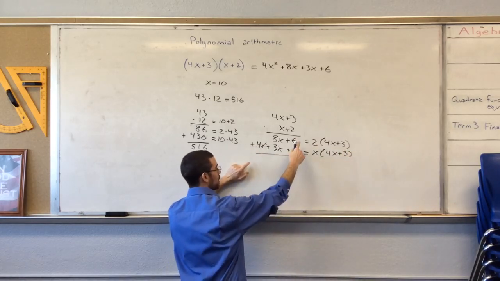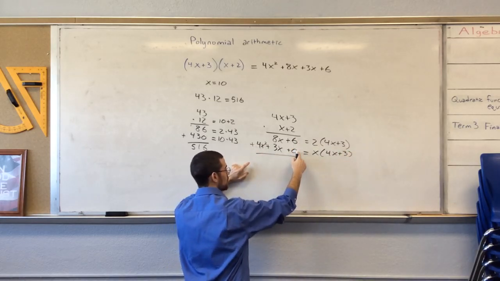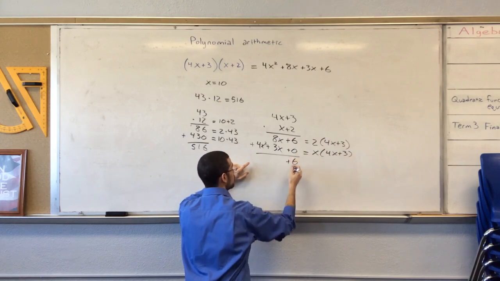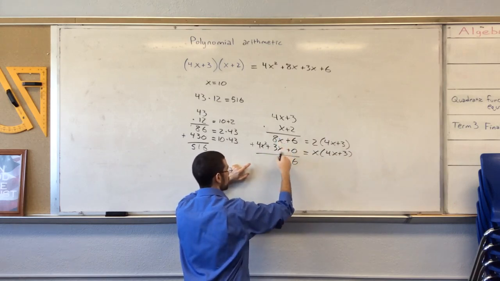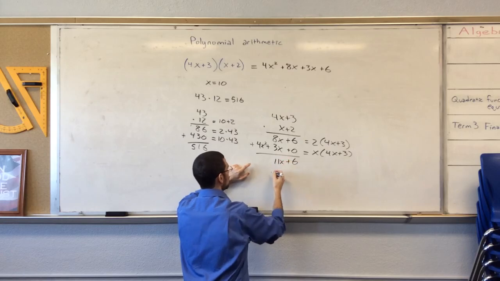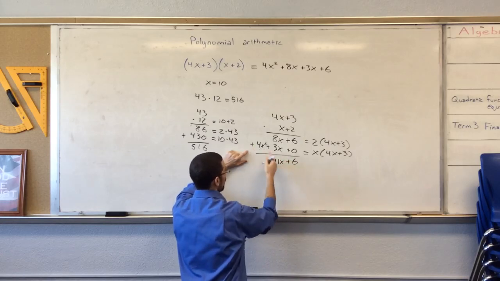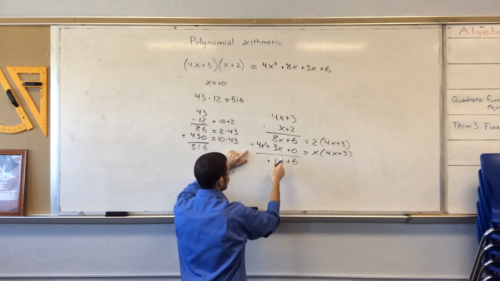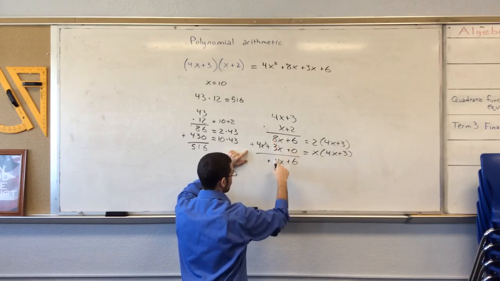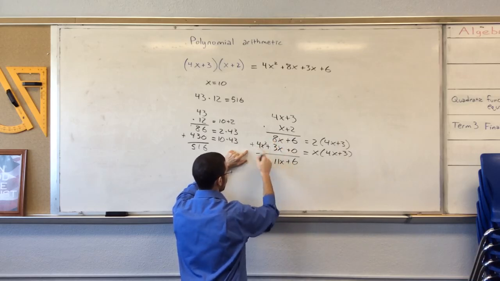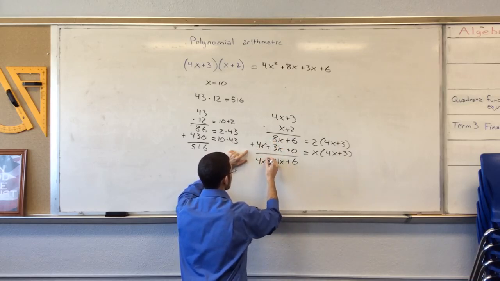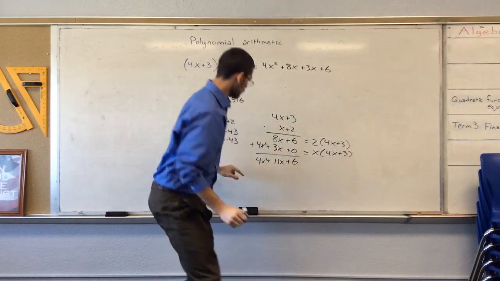Now once we add, we get 6 wholes plus 0 wholes is 6 wholes. We have 8x plus 3x is 11x. That's positive, 8 plus 3 is positive 11. And then we have 4x squared right here.